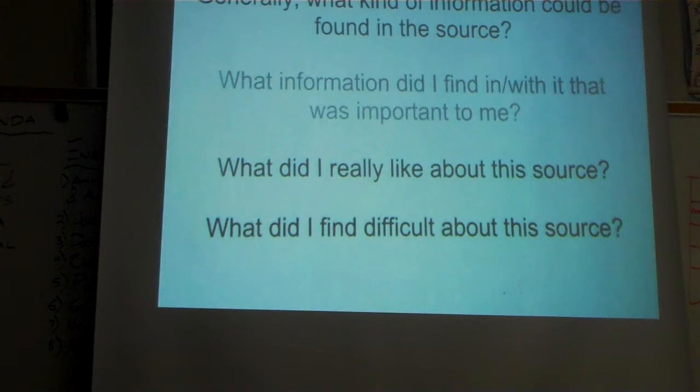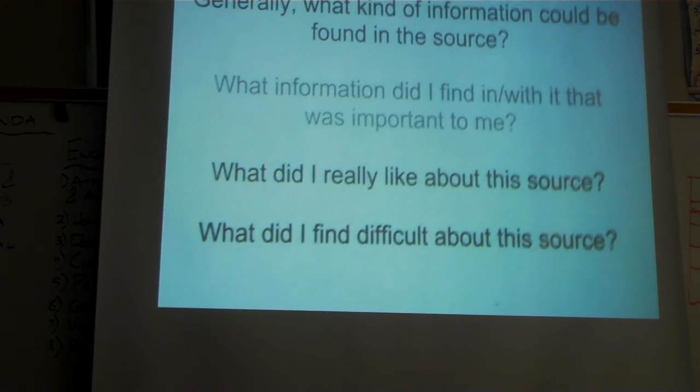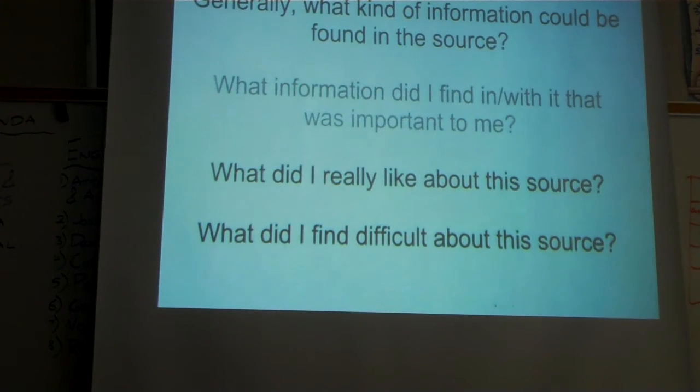It's just an educated guess as to what information should be in there. Secondly, what information did I find that was important to me? In other words, at this point you've actually looked through the book and you found passages that you may be including in your report. This is something you should probably include in your annotation.